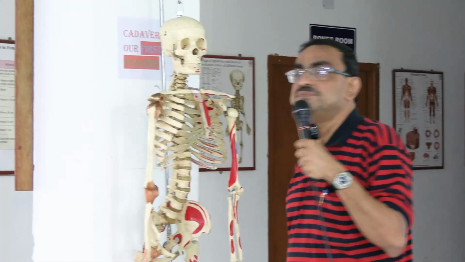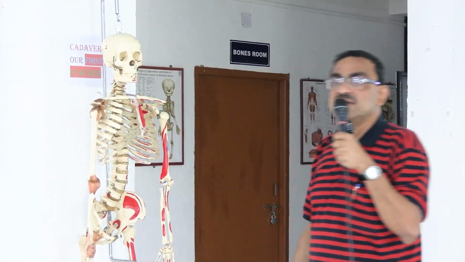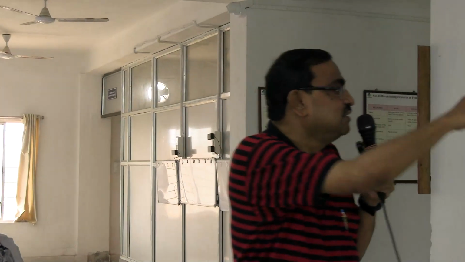Now, what are the structures present in front, and what are the structures present behind? Here you can find several colors present on the anterior surface of the right kidney and the left kidney.